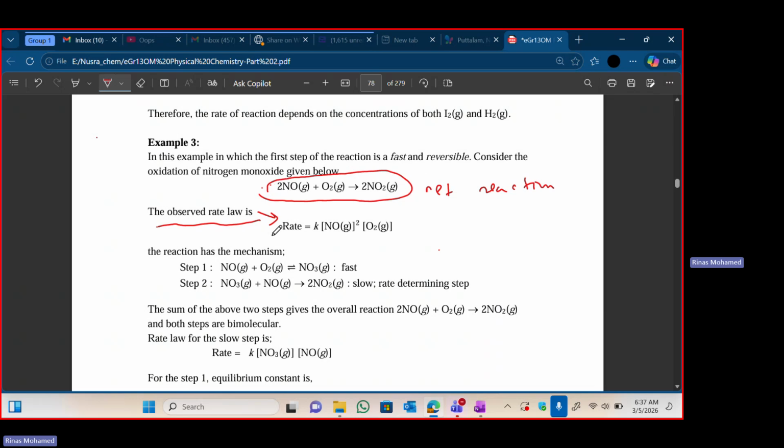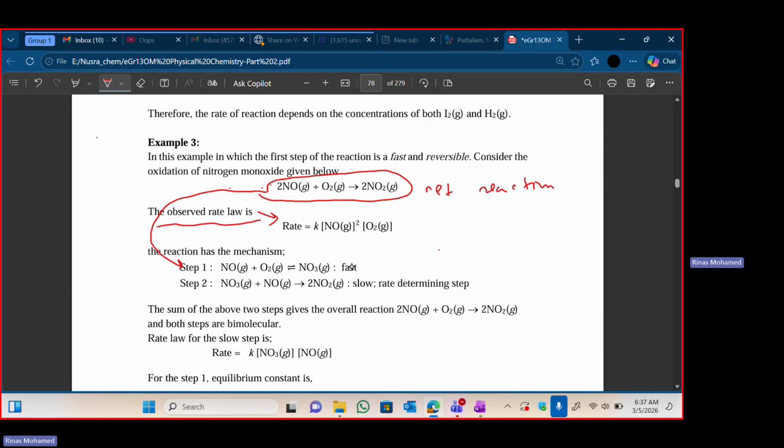Then they have given the observed rate according to the practical data: K into NO second order and first order with respect to O2 gas. Step 1 is an equilibrium reaction: NO plus O2 producing NO3.